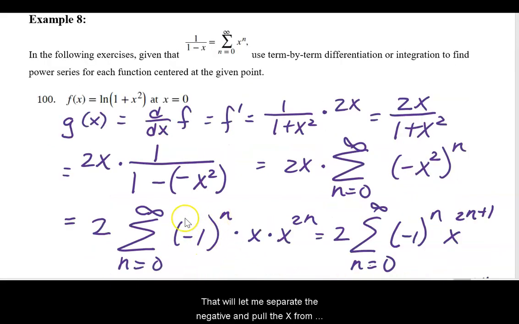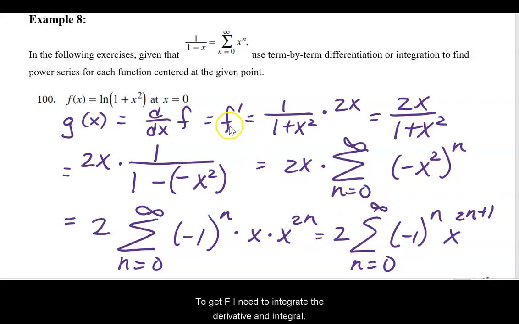That will let me separate the negative and pull the x from the outside to the inside and rewrite the base as x to the 2n. Since they're both base x, I can add the powers to get 2n plus 1. Now that I have this in a more simplified form, this is, of course, g.